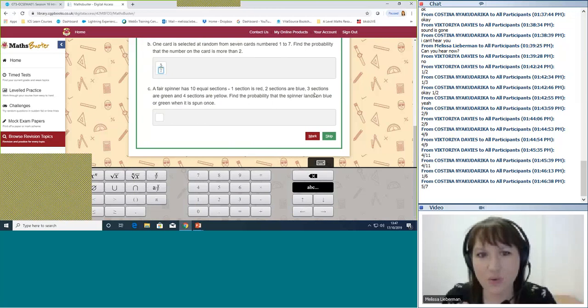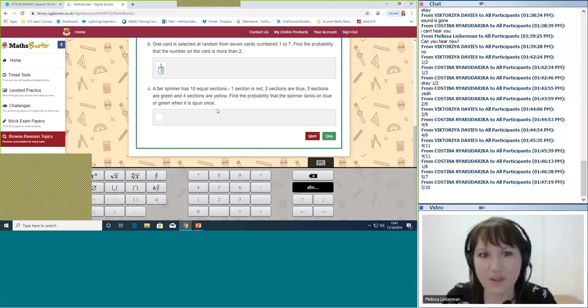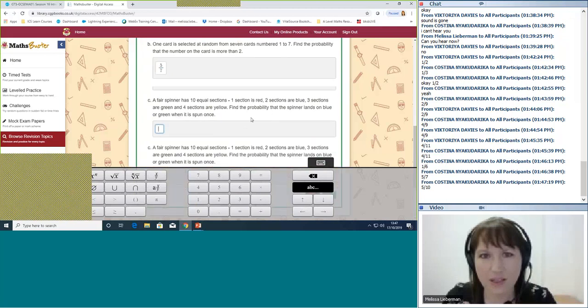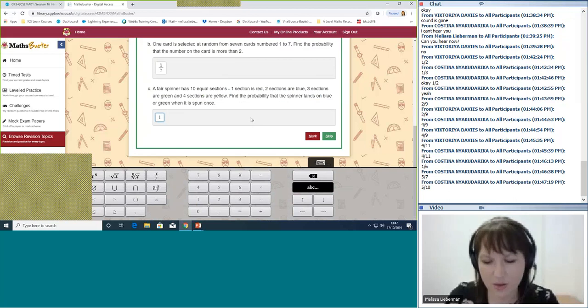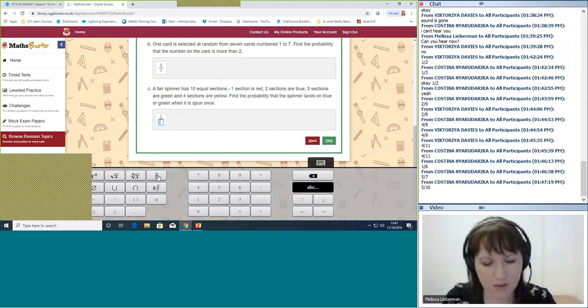So that means 5 are blue or green altogether. 10 sections, 5 out of 10 gives me half of them will be blue or green. That makes sense. So 5 over 10, I think it's 1/2. Does it say to cancel them down? Yes, fraction in its simplest form. Let's check that. So that will be 1 over 2.